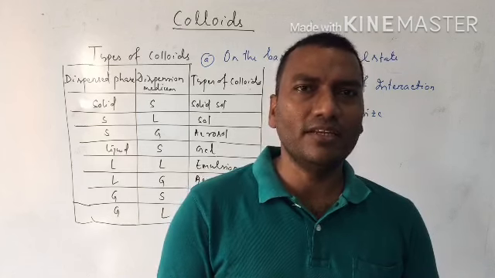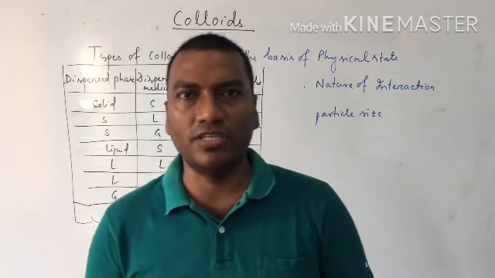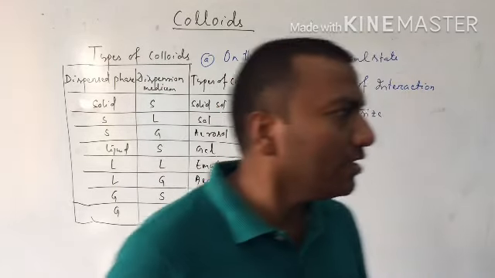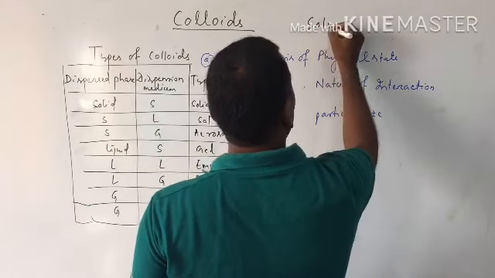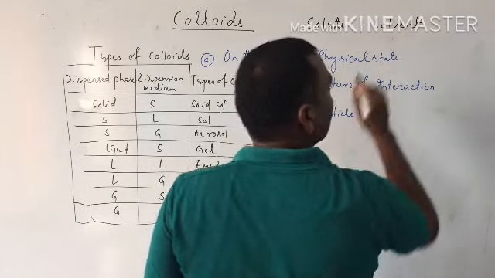And what is colloidal solution? The colloidal solution seems to be homogeneous but is actually heterogeneous in nature. Clear? In a colloidal solution, one component is called solute and another is called solvent.